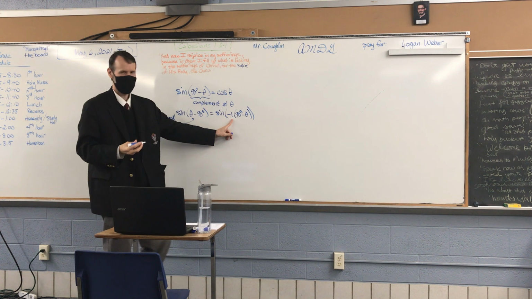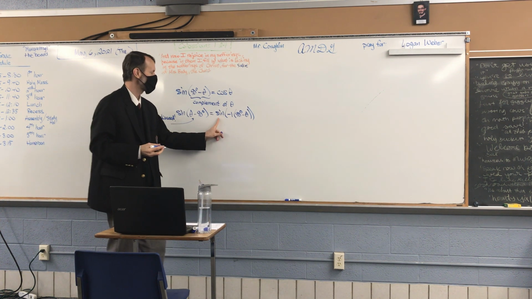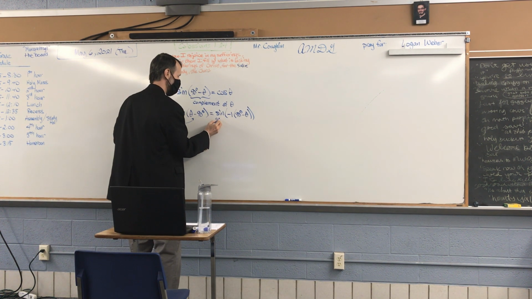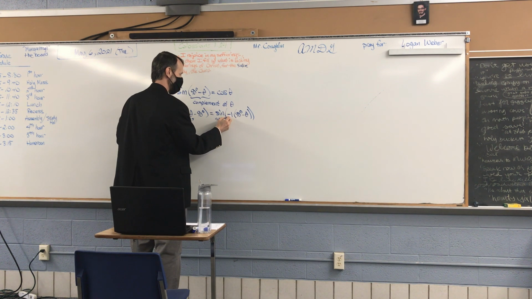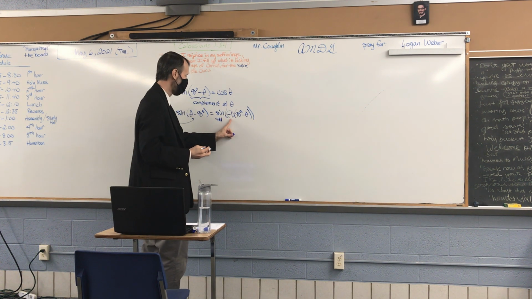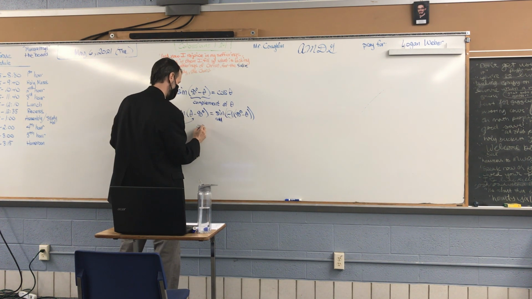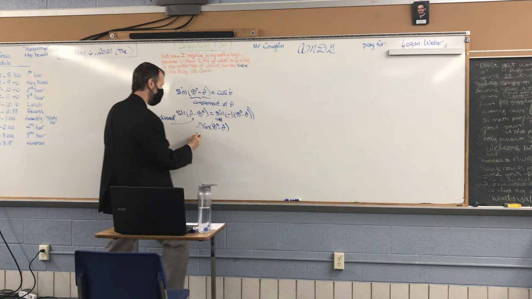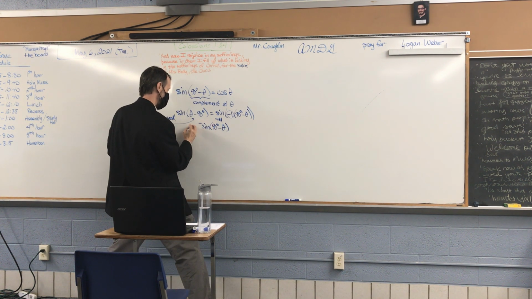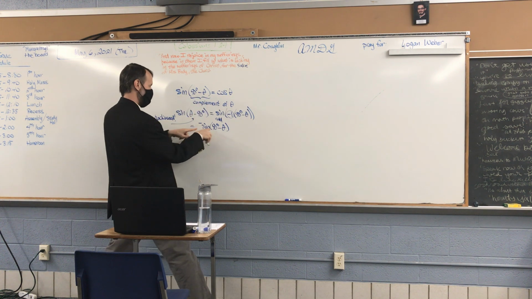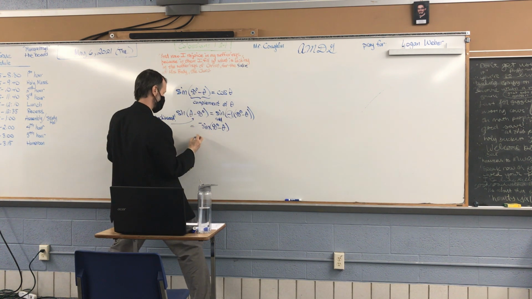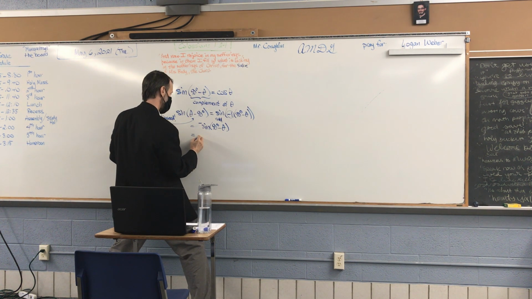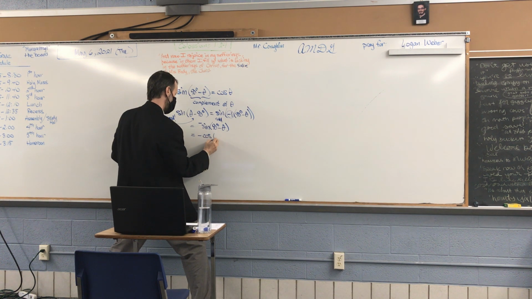Normally that would make things really awkward, but sine is an odd function, which means if you put a negative in the input, it'll make the output negative. So it'll be negative sine of 90 minus theta. And if you remember from up here, the sine of 90 degrees minus theta is really cosine. So it's negative cosine of regular theta.